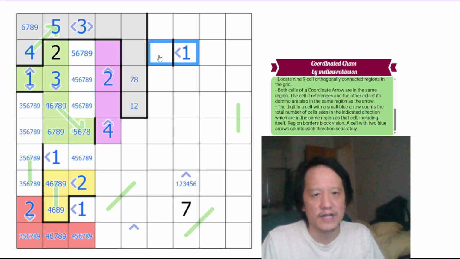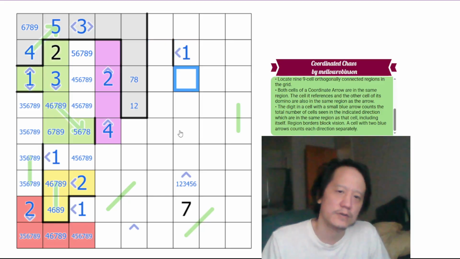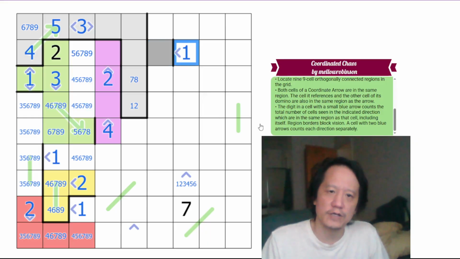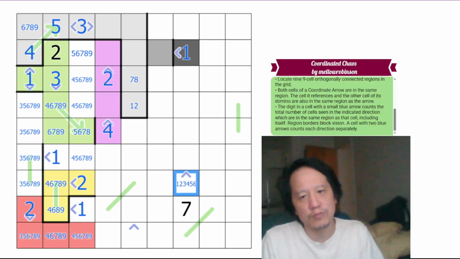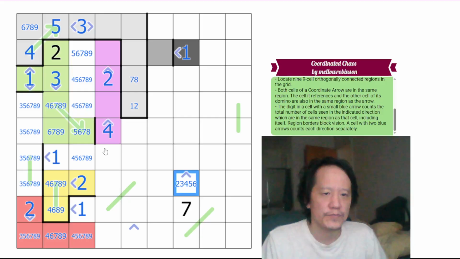It's because it's 2 at most, and 2 is not available there. So this we're going to mark as medium, and this will mark as dark, I guess. This can't be 1. This green is stopped here.